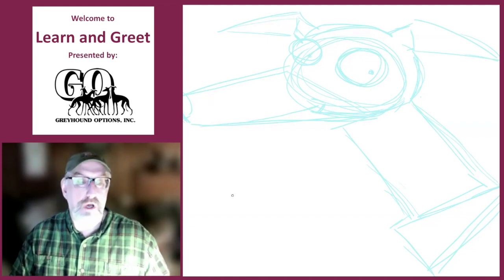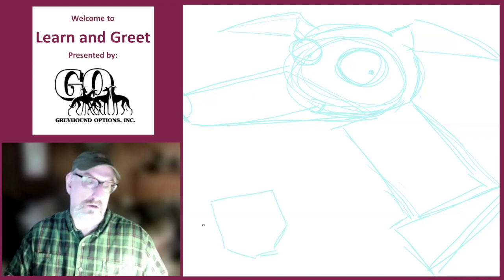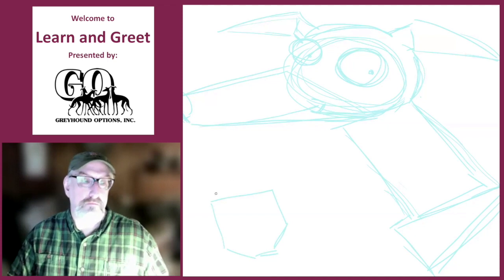Doesn't matter if you're drawing someone's hand, which I'm going to quickly do here. I mean, a hand is basically 6-sided. 1, 2, 3, 4, 5, 6. 6-sided square. And then just for instance, you're going to have your fingers.